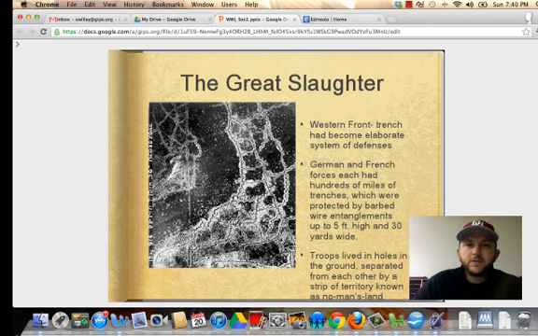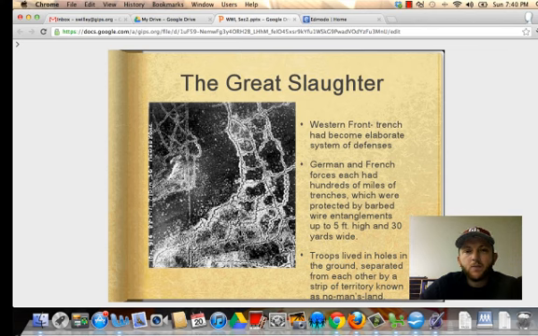The Western Front, remember the countries, the border between France and Germany, is going to have a very elaborate system of defenses, especially in regards to trench warfare. Germans and French forces each had hundreds of miles of trenches, which were protected by barbed wire entanglements up to 5 feet high and 30 yards wide.